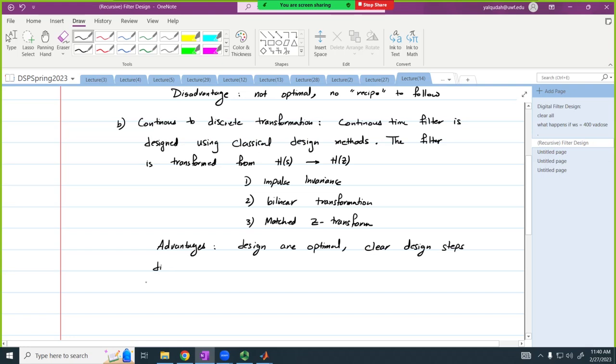The disadvantage is that it is more difficult to design, and we must consider aliasing.